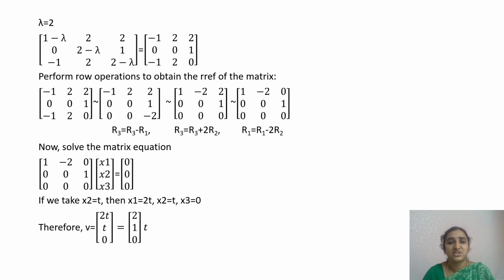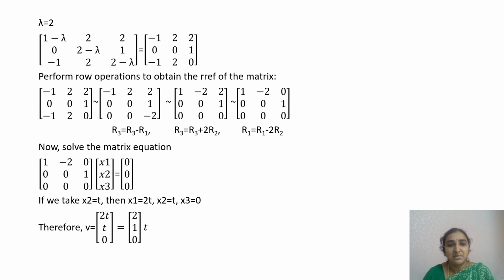Performing operation R3 is equal to R3 plus 2R2, we get matrix [-1 2 2; 0 0 1; 0 0 0]. Performing the row operation R1 is equal to R1 minus 2R2, we get [1 -2 0; 0 0 1; 0 0 0].